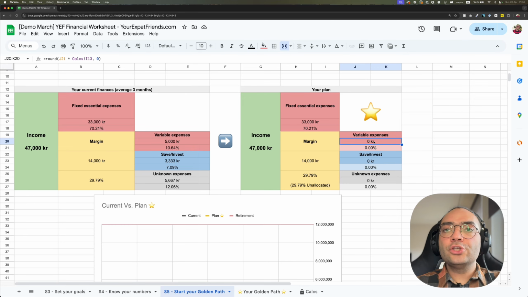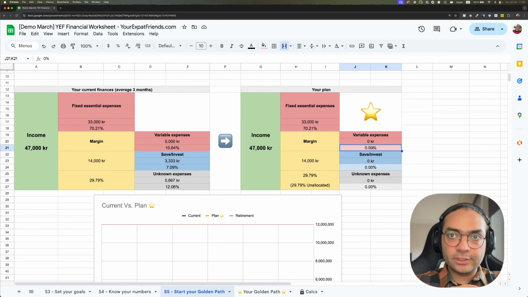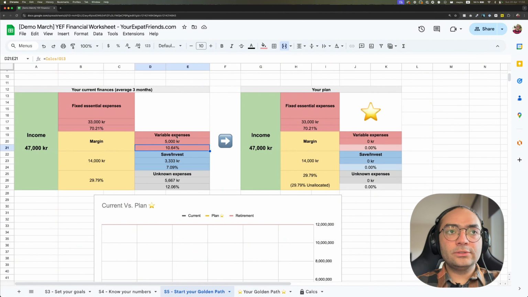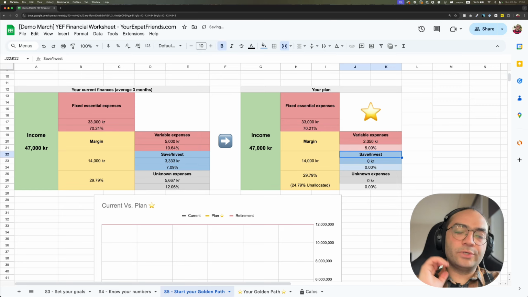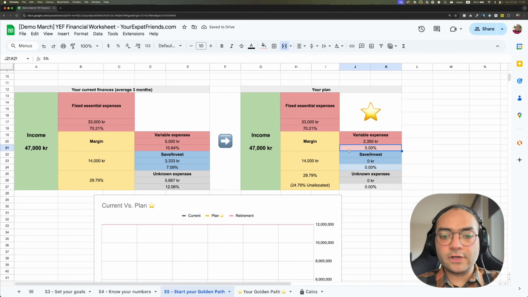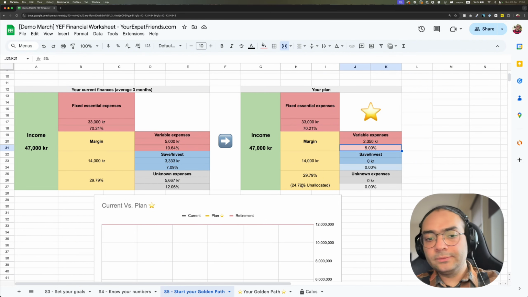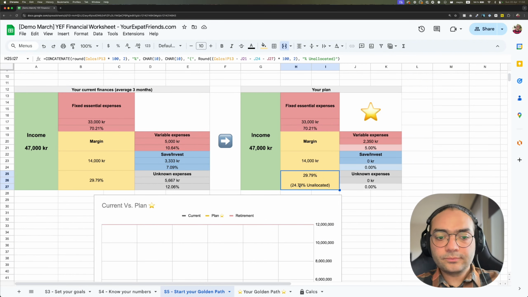You cannot change them. So you have two levers. One is to think about your variable expenses. The other is to think about your saving and investing. In this scenario, assume that you are already spending 10% of your income on variable expenses. If you can, for example, decrease that 10% to 5%, I want you to play around with these two percentages. If it's 5%, then it means you have 24.79% left.